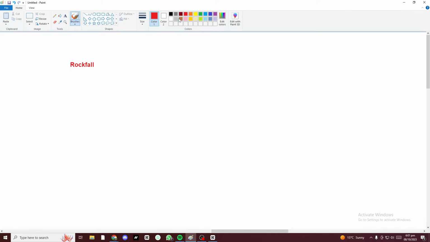Let me just quickly draw a rockfall. So here we have a mountain. The dark brown part is what the mountain looked like before the rockfall. As you can see, right here, these rocks are unstable, and in a blink of an eye, they will break off the mountain and fall down to the bottom of the mountain.